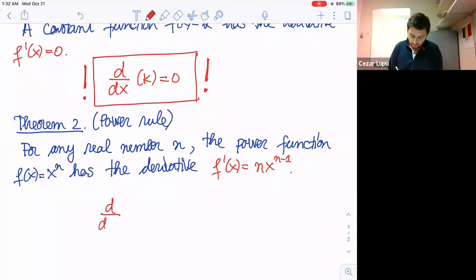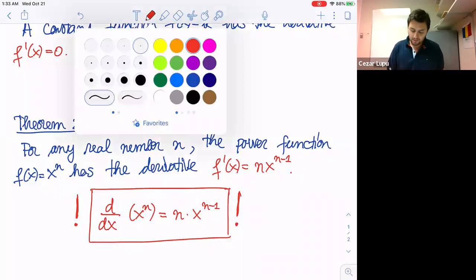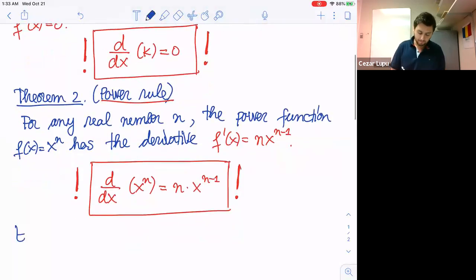In other words, we can write this in the following way: the derivative d with respect to x of x to the power n is nothing else than just n times x to the power n minus 1. All right, this is the power rule. Now let's give a simple example so that you see exactly how this works.